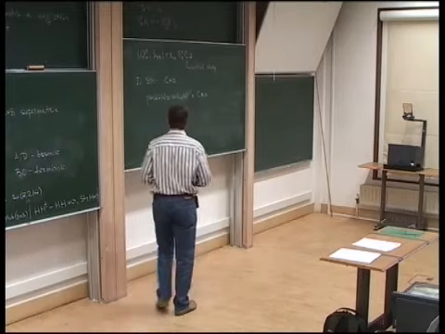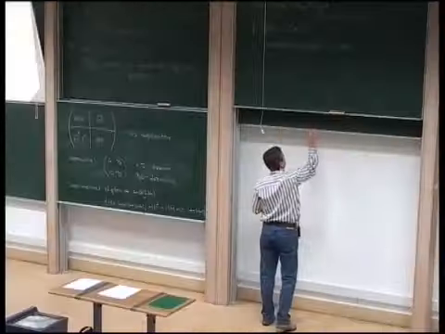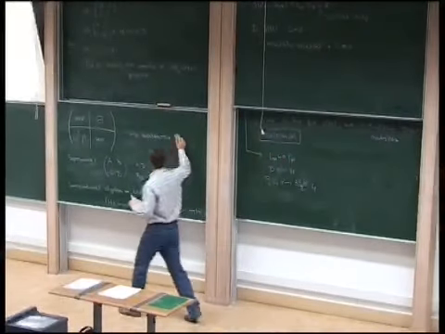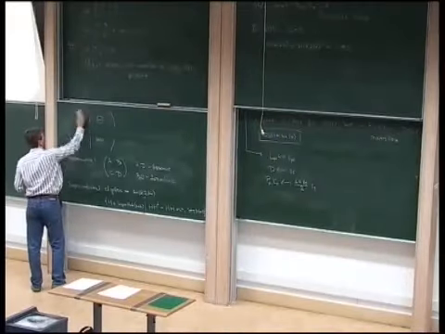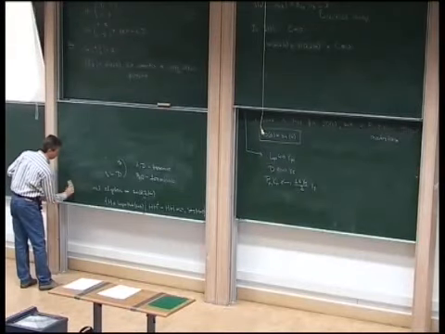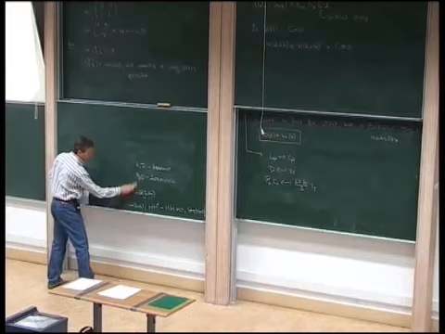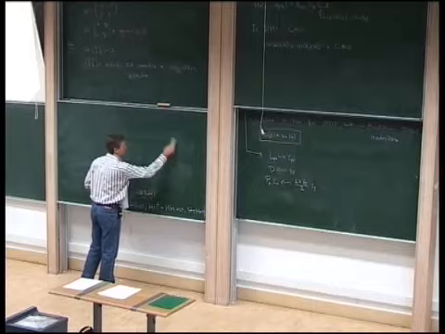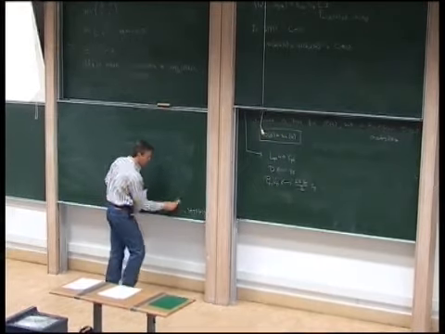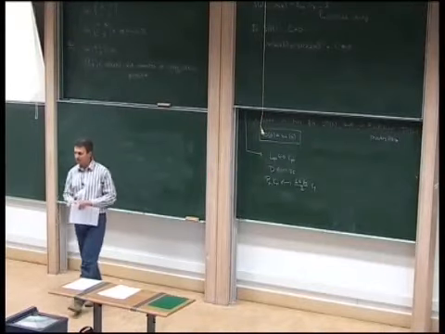Now, what about the string side? On the string side, we also have some supersymmetry. Because we have to consider type 2B string, and type 2B string possesses space-time supersymmetry.